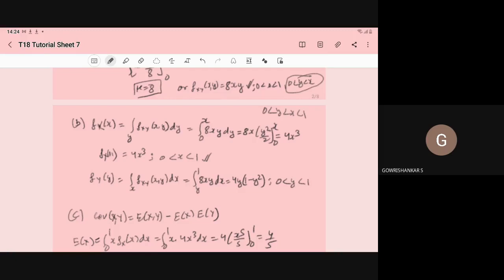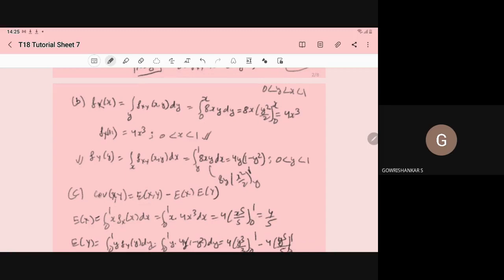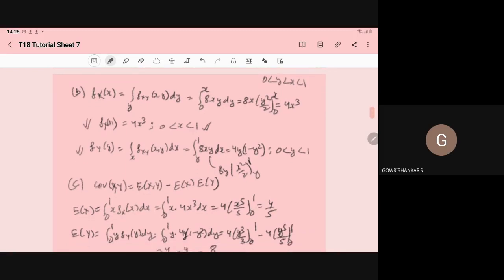So here we write 8y, and then the integration is x square by 2 with limit from y to 1. So this will become 4y into 1 minus y square, and the limit of y will be 0 to 1. In this way, we have computed the marginal density for the y, and here we have the marginal density for the x.